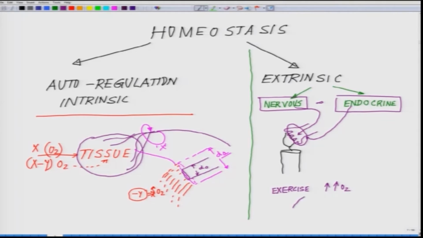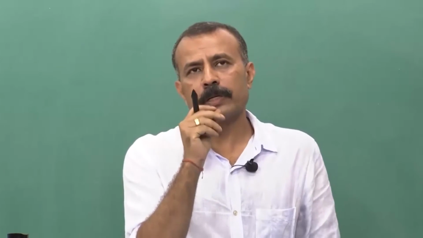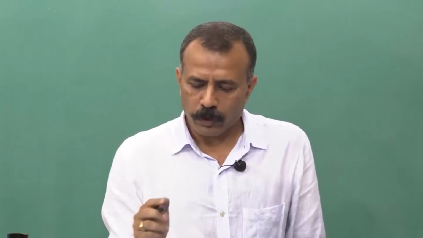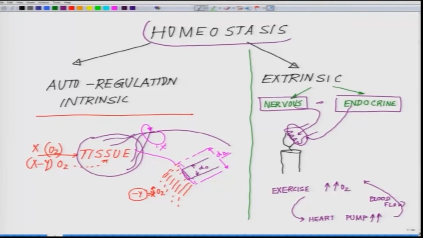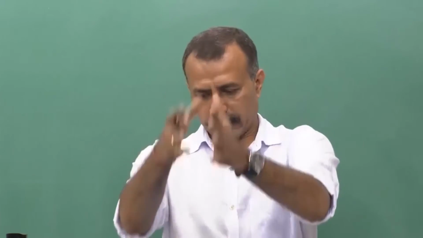This will tell the heart to pump, so heart pumping will become more, and if the heart pumping is more, automatically there will be more blood flow, which will compensate for the lack of oxygen. So in other words, these are the processes by virtue of which a system is brought back to its original state, and that is what we mean by homeostasis.